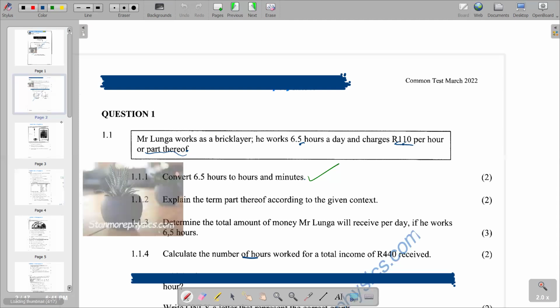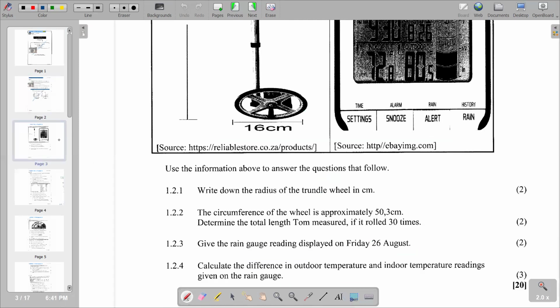And we're going to go to the next part of our question, which is 1.2.3, which says: give the rain gauge reading displayed on Friday 26 August.